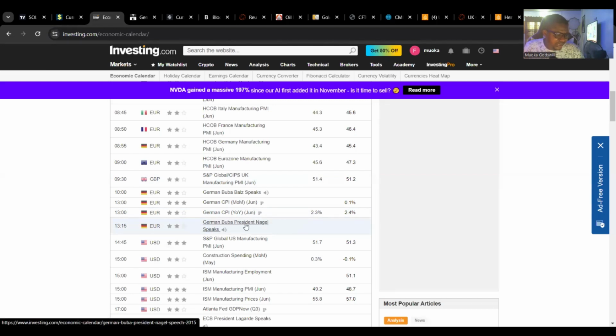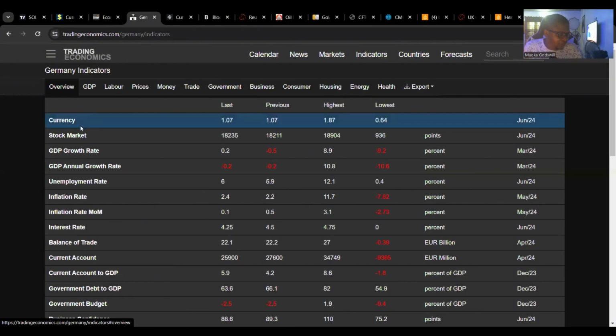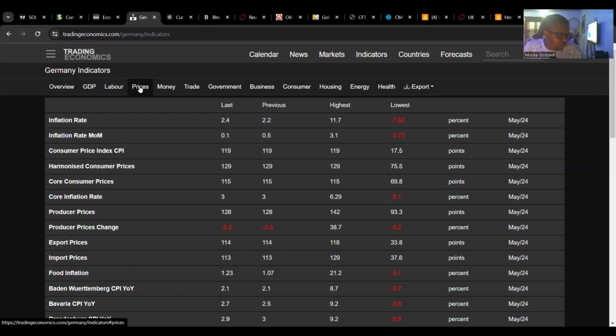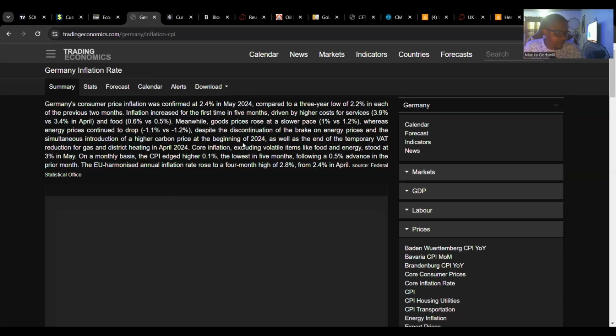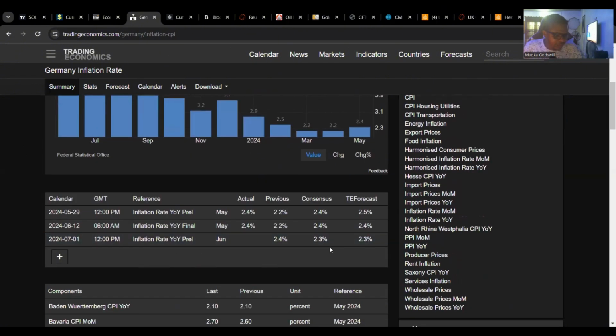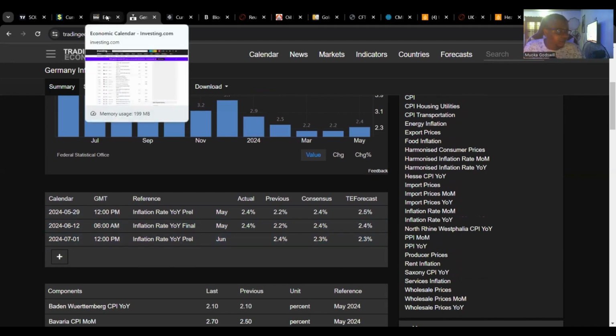This is not good at all for Germany, which we know is the biggest economy in Europe. You can see the inflation rate was 2.4 the last time, and it is anticipated to be 2.3. That is what Trading Economics has forecasted, which is deflationary for the euro.